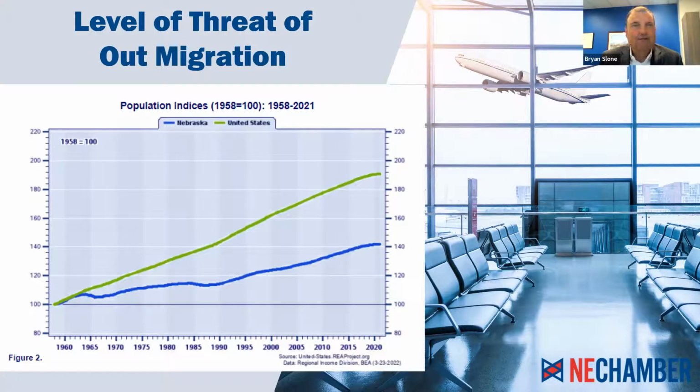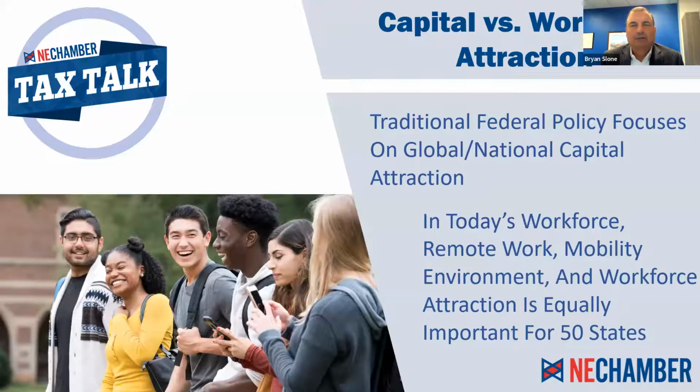And indeed, in terms of population, if you look at this left graph, the green line is the United States. We have no lack of population growth in the United States, but if you look at Nebraska from 1960, which is the blue line, to 2020, we have much lower population growth in Nebraska over time than we do at the US level.